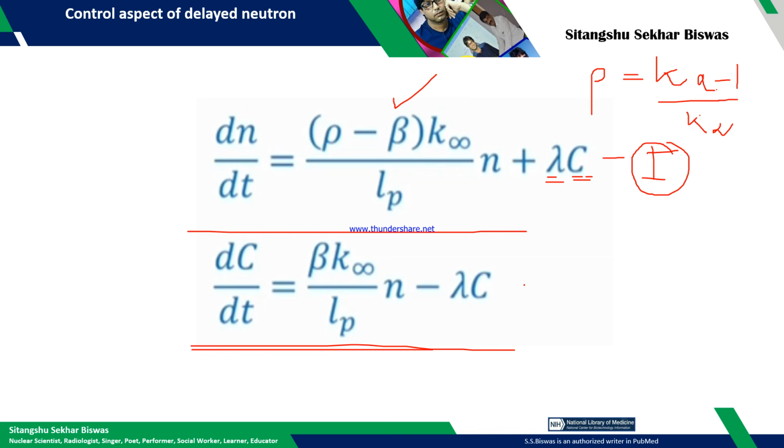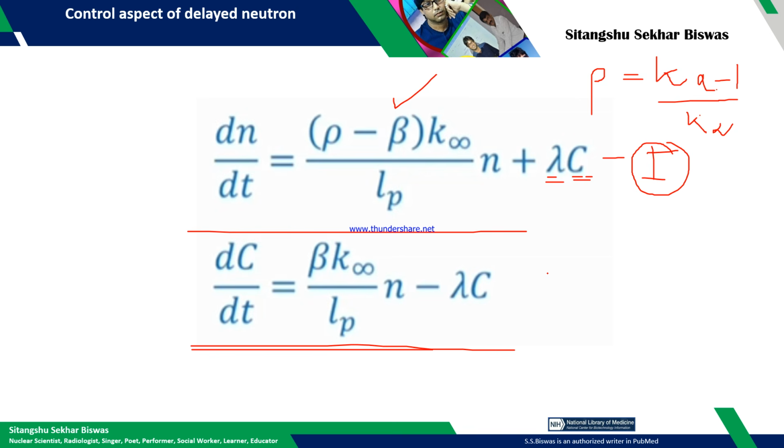You can see the typical examples: somewhere it will be 6 groups, somewhere 8 groups. For calculation simplicity, I have taken all of these together, because if you take, say, 6 groups of delayed neutron precursors and write these 6 equations, solving this set of differential equations will be quite difficult.